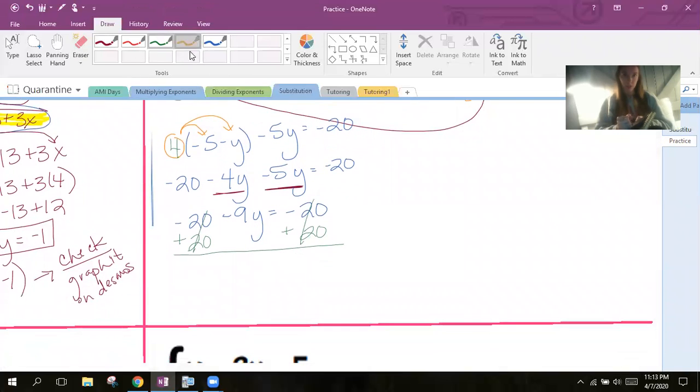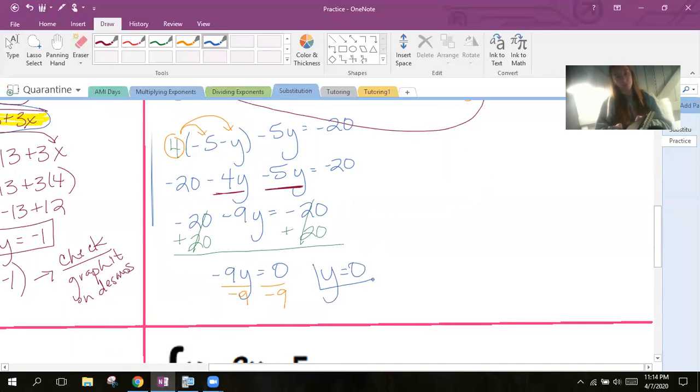And I'm left with negative 9y equals a negative 20 plus 20, which is going to be 0. And then our last step is we still have to get that y by itself. So we're going to divide both sides by negative 9. And then 0 divided by negative 9 is just going to be 0.